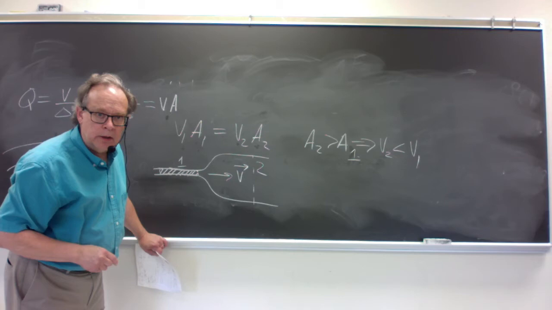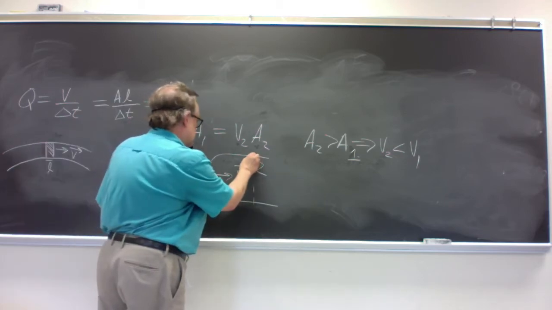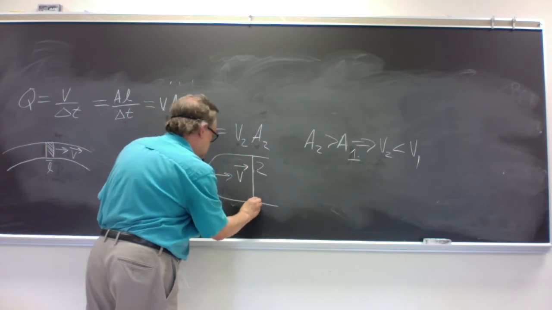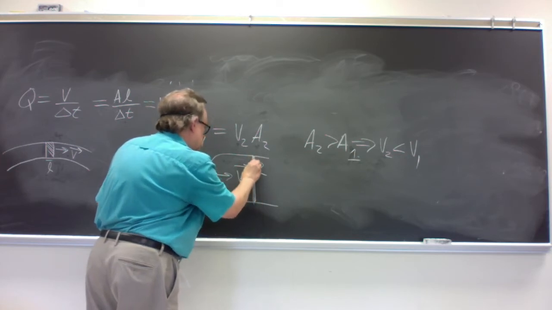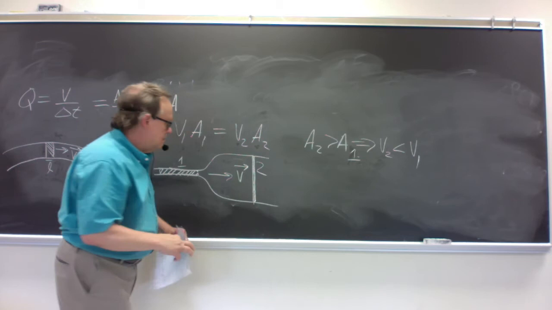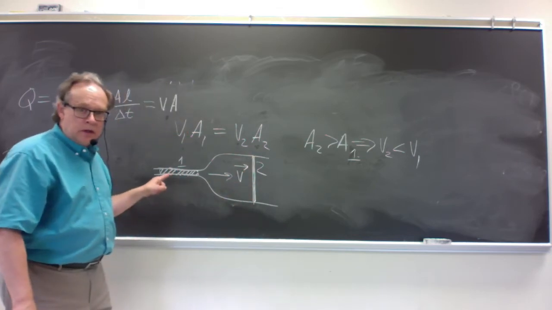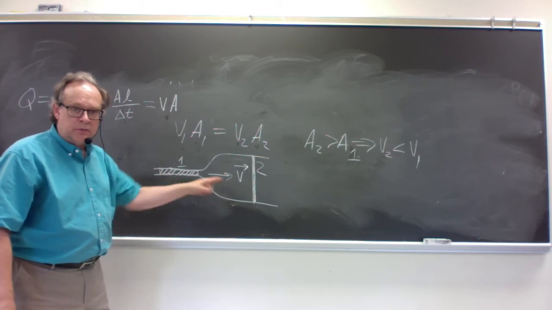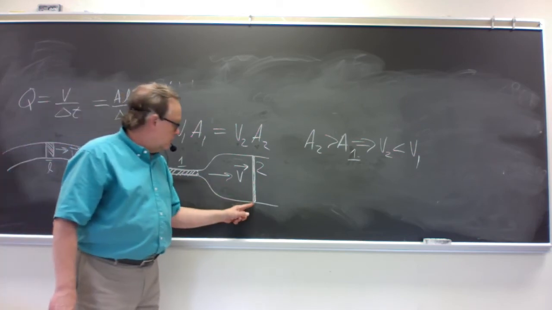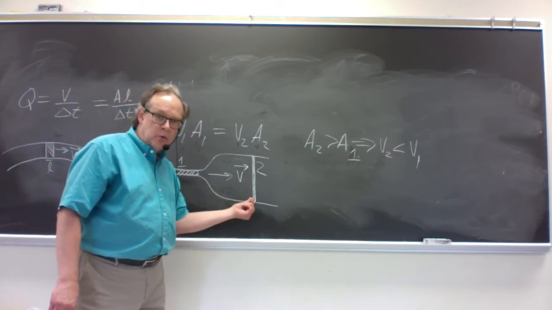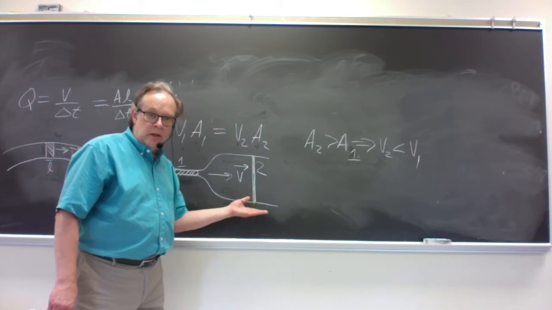But for that same volume of fluid to get past this point, I mean this volume to be equal to this volume, for this volume to pass by point 2, it can move a lot more slowly.